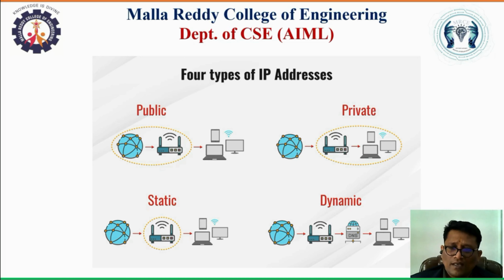The next one is the static IP address. What is meant by static IP address? For example, for a device I'm using, I want to define an IP address by a user, not automated.